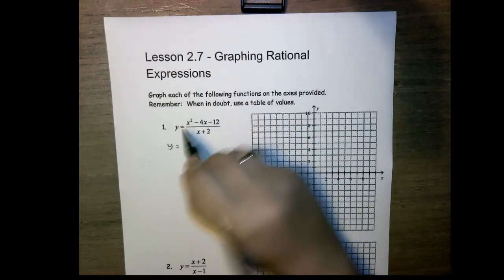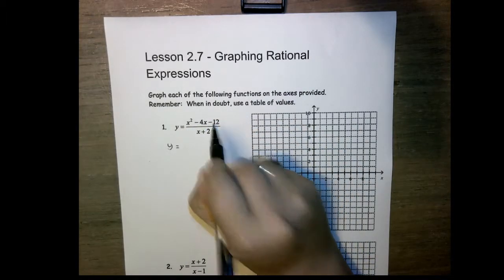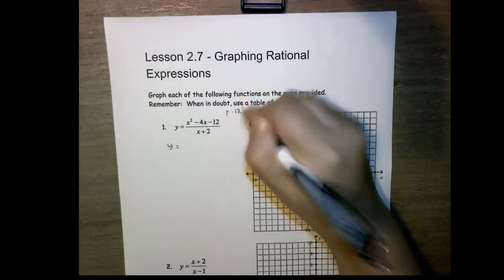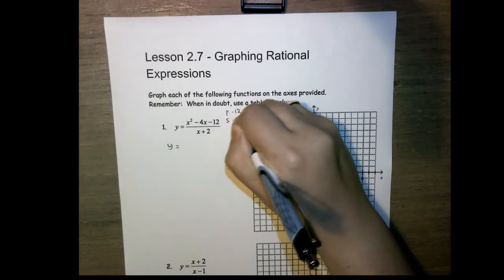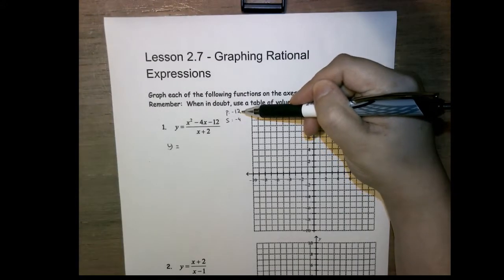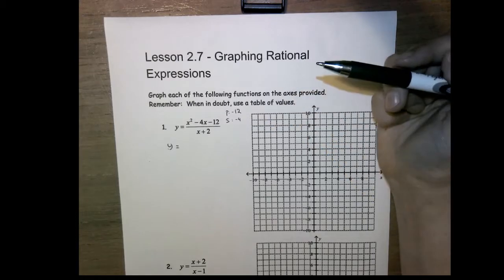So I have x squared minus 4x minus 12. I'm looking for a product of negative 12 and a sum of negative 4. So I need two numbers that multiply to negative 12, and when I add them together, it's negative 4.